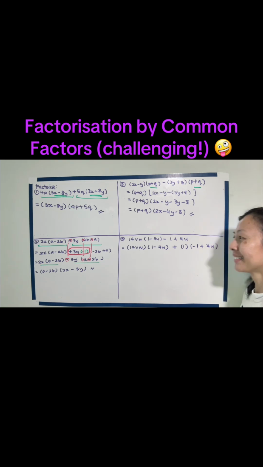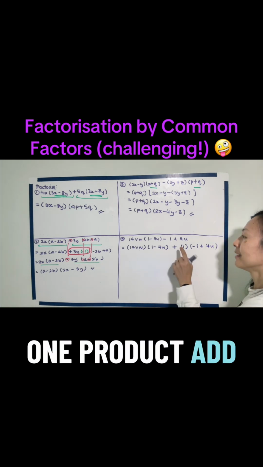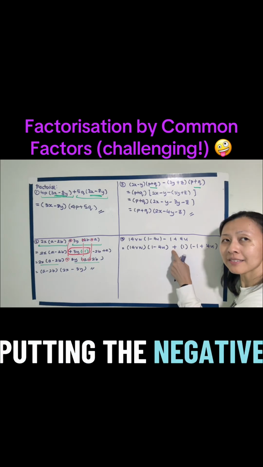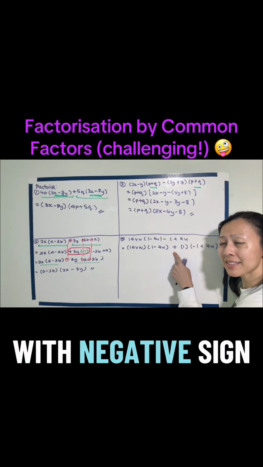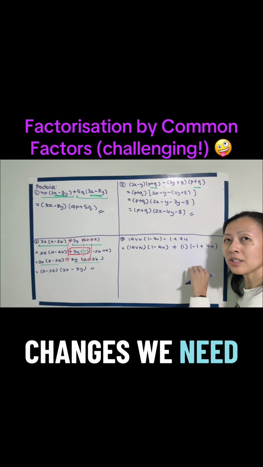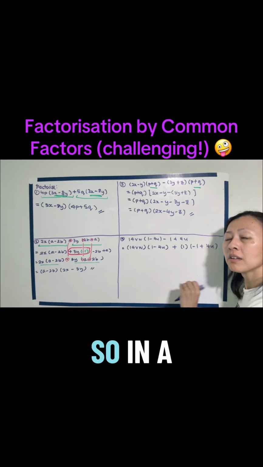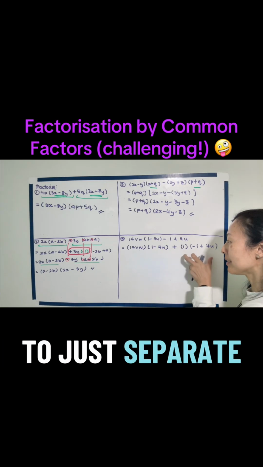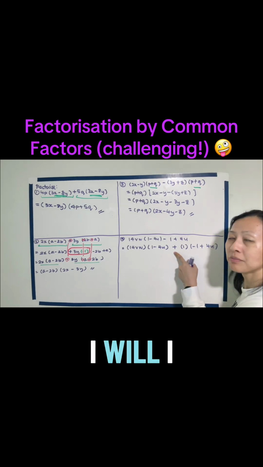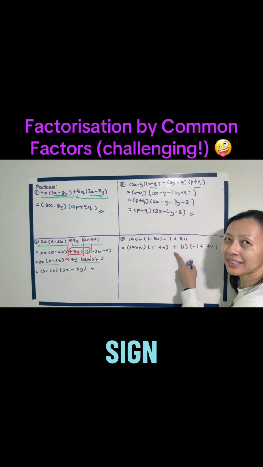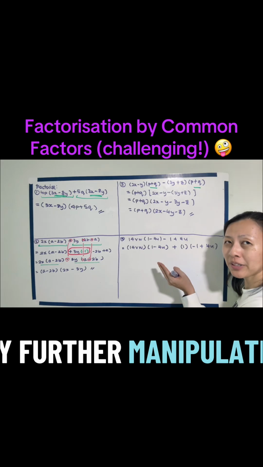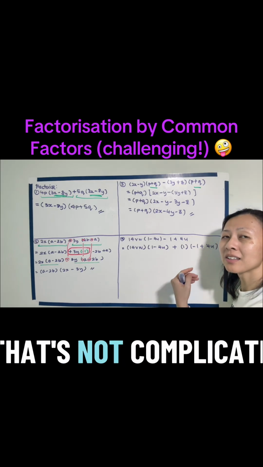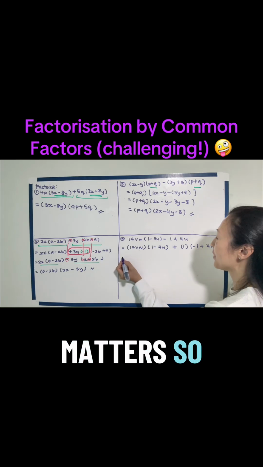One product, added to another product. I refrain from putting the negative sign here because with a negative sign, there are other changes we need to make alongside. So in a general neutral point, if I want to just separate the terms from each other, I will separate them with a positive sign. Any further manipulation that needs to be done, we'll do it subsequently. Let's not complicate matters.